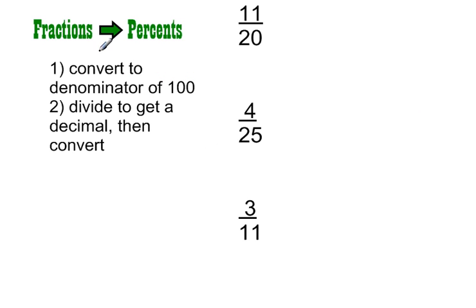And so now we're going to go the other way, to go from fractions back to percents. I've put two different ways here that we can do this. The first way is to convert to a denominator of 100. So that will be easy for me to do here. I get from 20 to 100 by multiplying by 5. And I'll be able to get a denominator of 100 here by multiplying by 4.